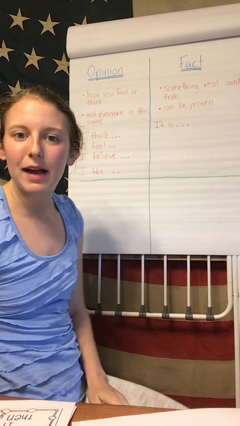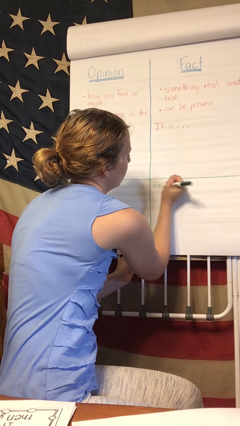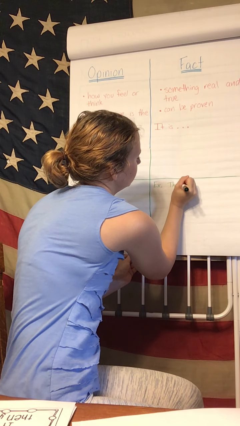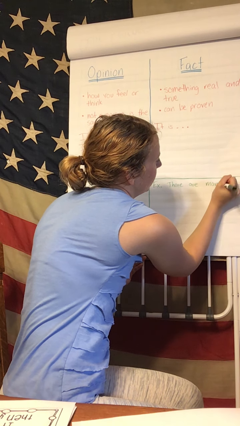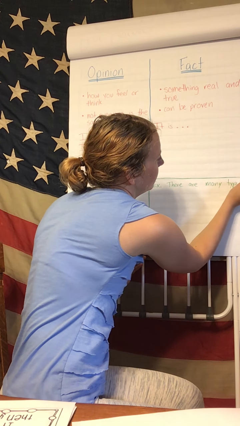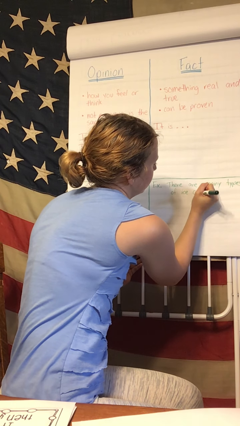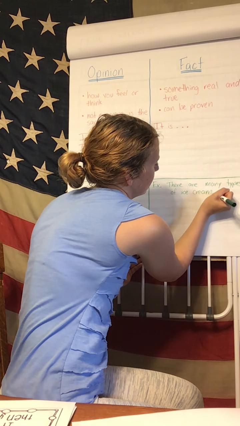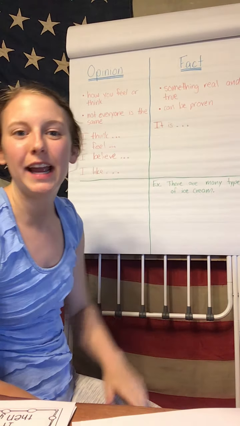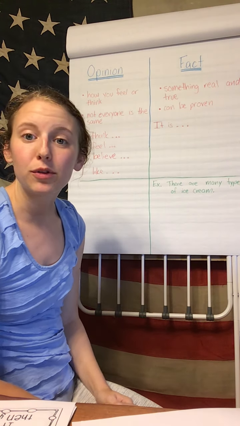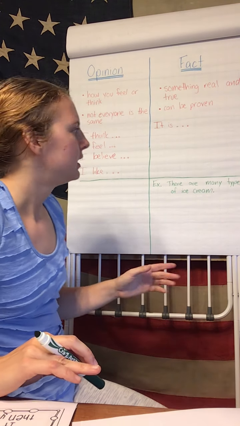A fact I might give is that there are many types of ice cream. Because that is a fact. That is something that is real and true. It can be proven. There are many types of ice cream. No one would deny that.